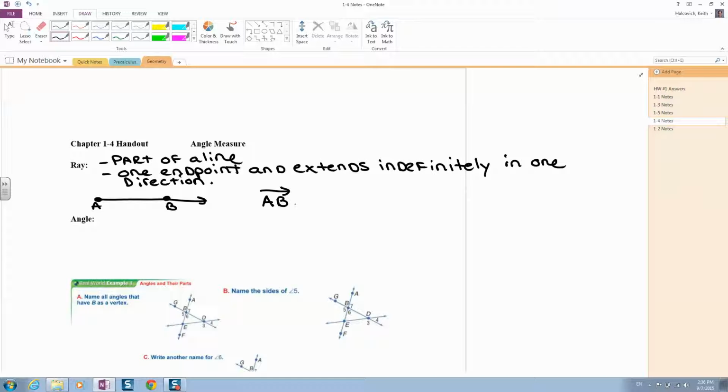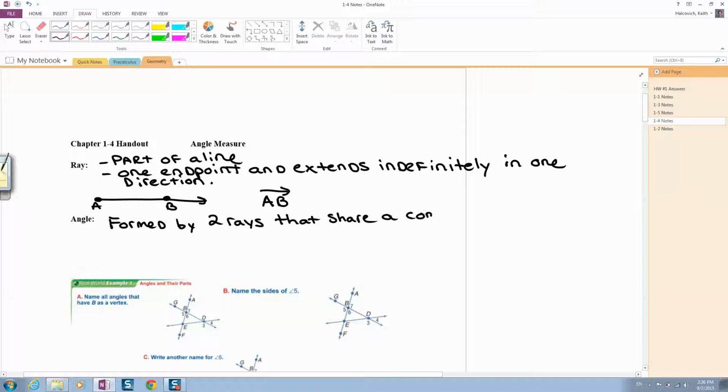An angle is formed by two rays that share a common endpoint.